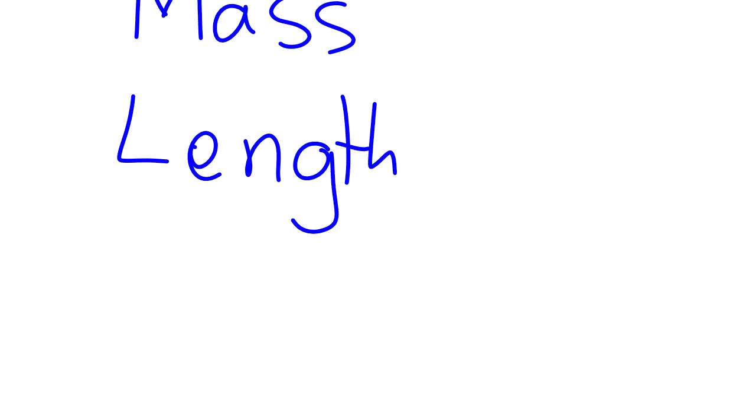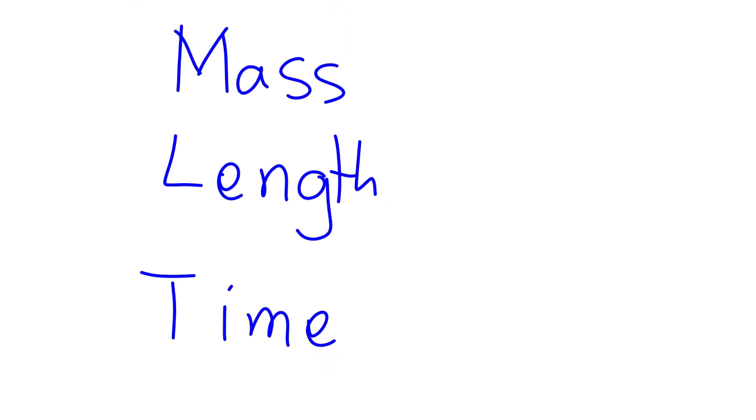So mass is 1, then the second is length. Then the last one is time. These are three fundamental quantities that almost all the derived quantities must have one of.